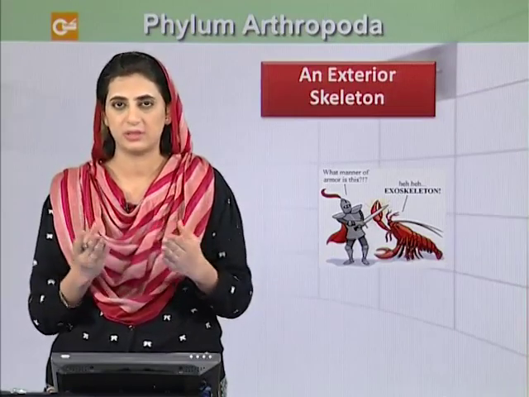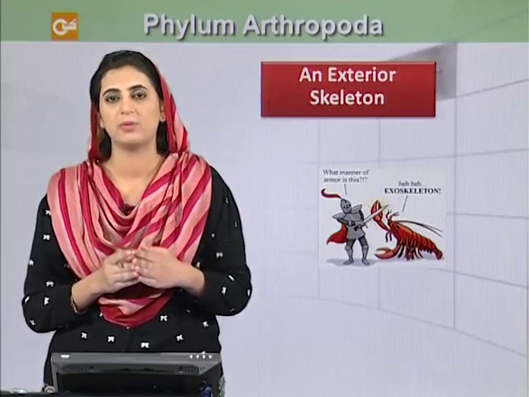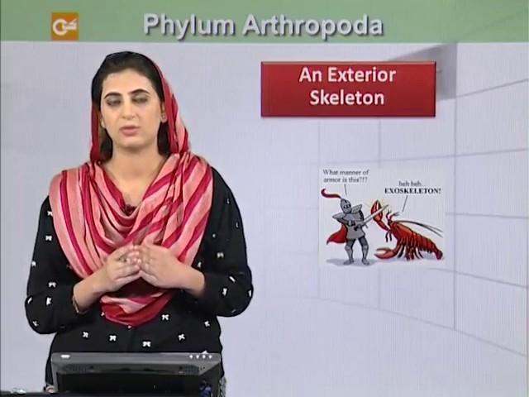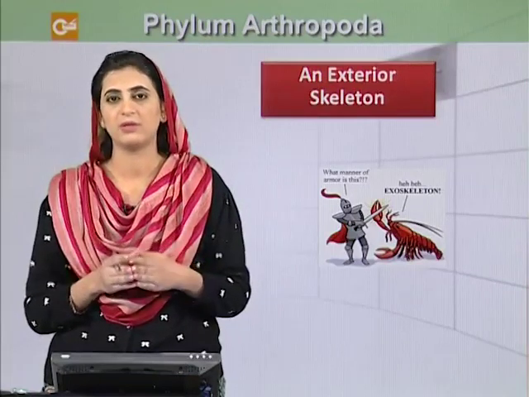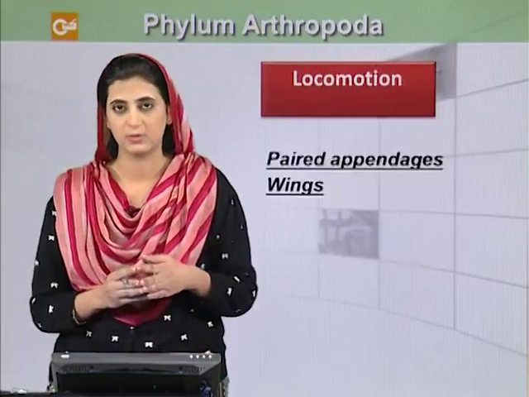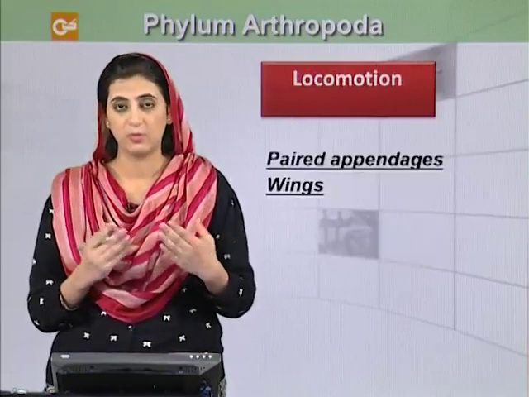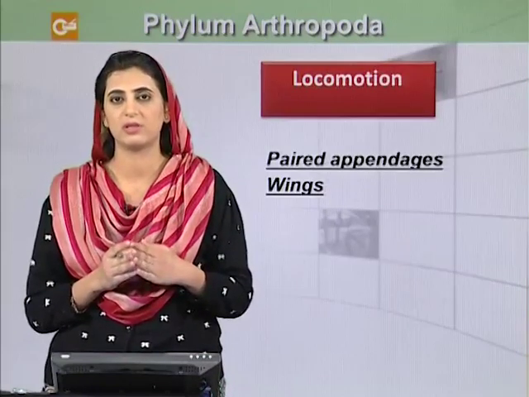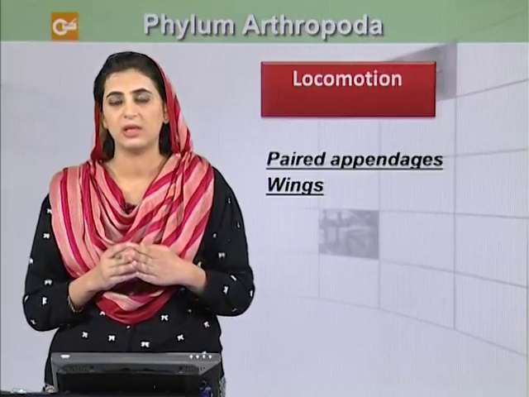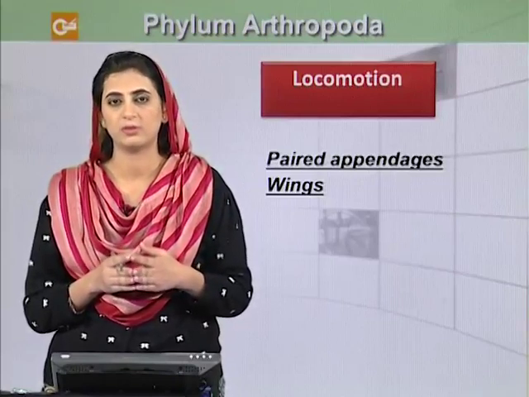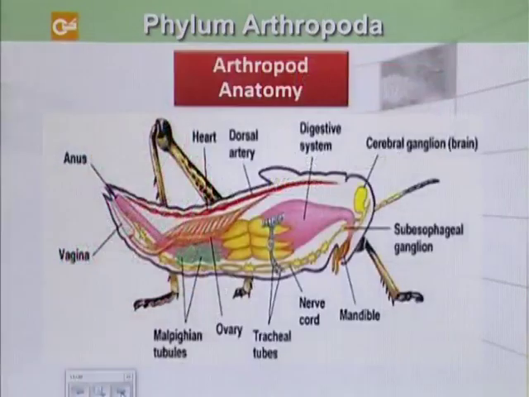The external skeleton, which is chitin, provides strength, and internally when it attaches to the muscles, it provides flexibility, and movement becomes possible. And for movement they have paired appendages. They have 3 pairs of legs on their thorax region, and there may be 1 pair of wings also, and these all organs are used for locomotion.